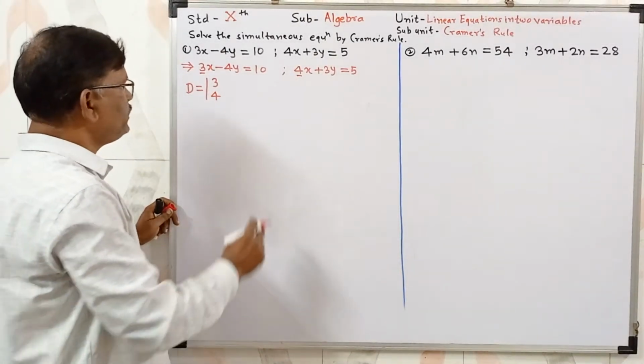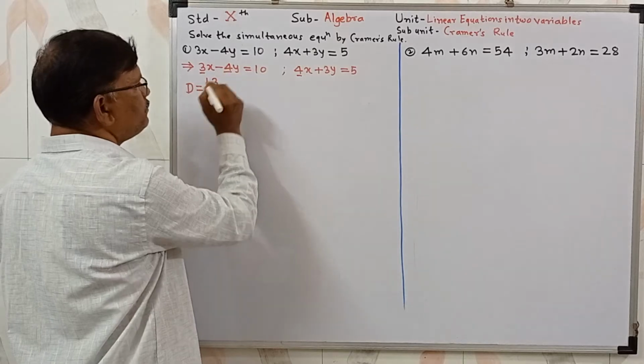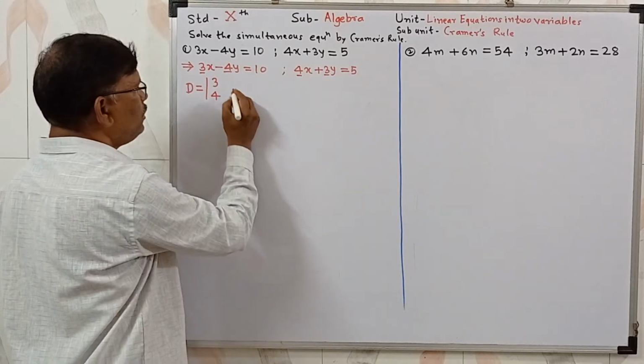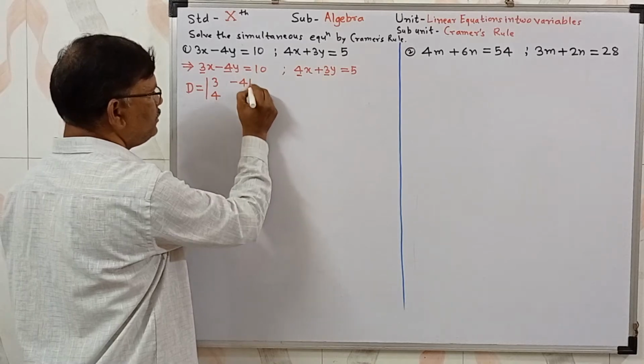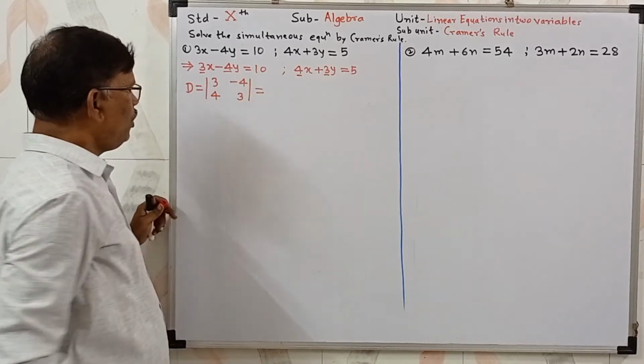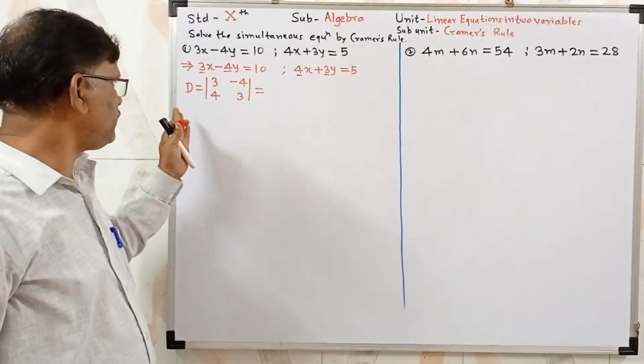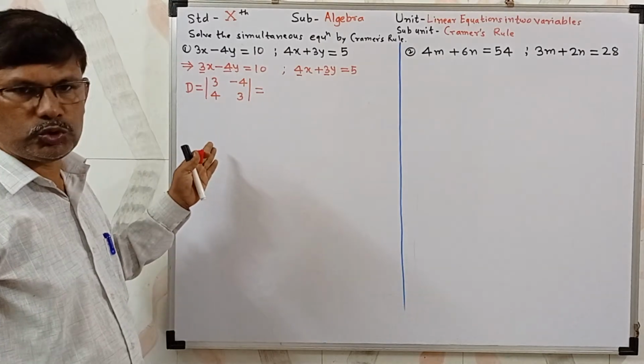Then this is b1 and this is b2, that means minus 4 and 3. We know this is the determinant.